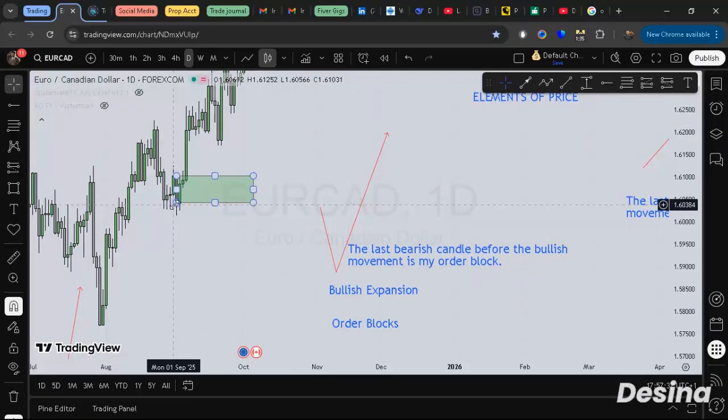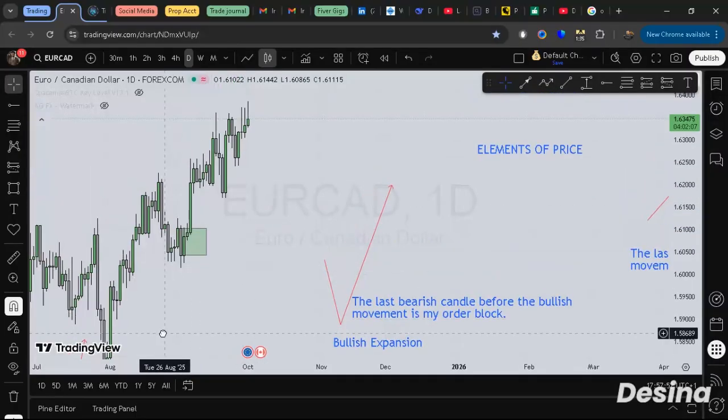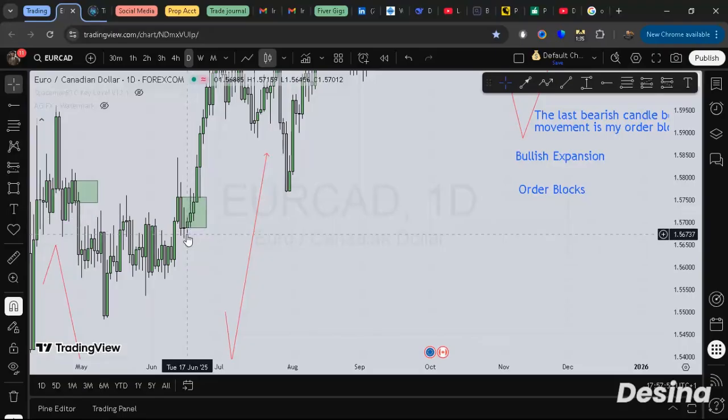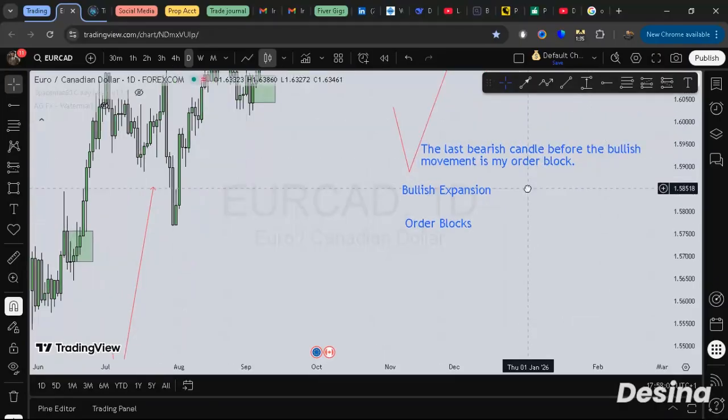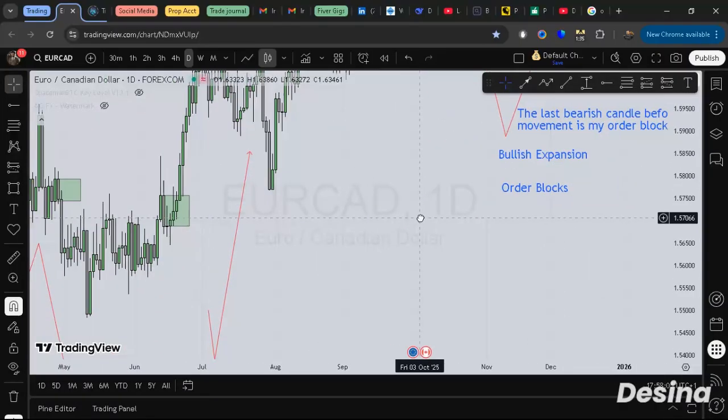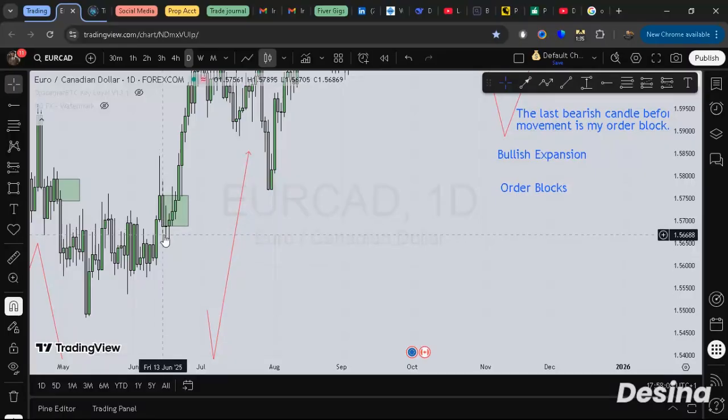As you can see, I've shown you here in this bullish scenario, price going to the upside, the last bearish candlestick, which is this black one, before this aggressive move to the upside, that's my order block. And I showed you two examples. Same thing here. You have green, and I told you my green candlesticks are the bullish. So like I said, the last bearish candle before the bullish movement is my order block. This black candlestick here is the last bearish candlestick before this up movement.